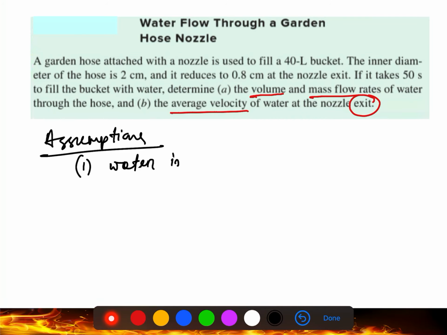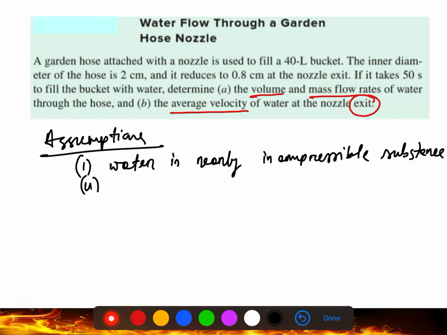Water is a nearly incompressible substance, and it is a steady flow.